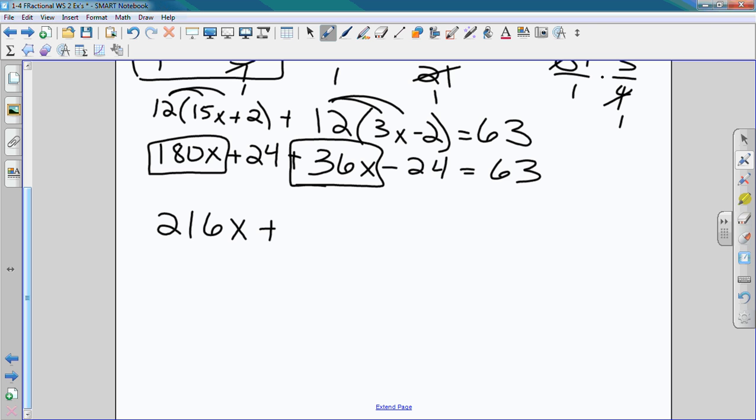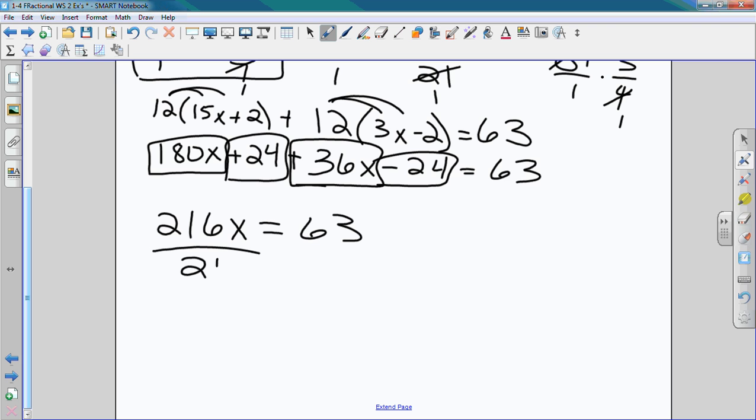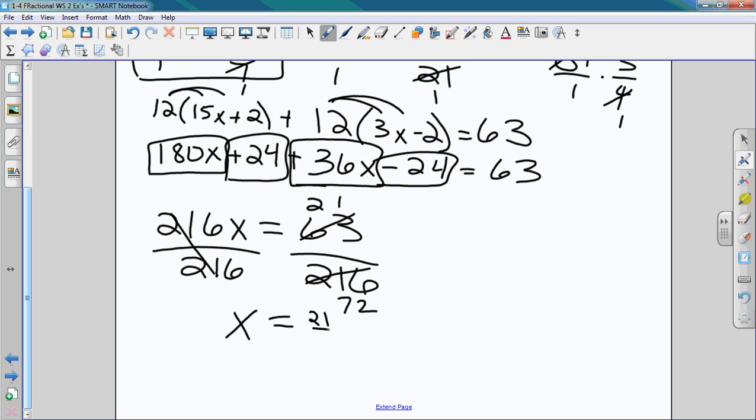216x plus, oh, look at that, 24 and negative 24, 0. So I don't have to add that. Equals 63, so divided by 216. Let me think here. Yeah, I can divide both of those by 3, so I can at least reduce that. It would be 7, this would be 72, and this would be 21. I think that's where you can go.